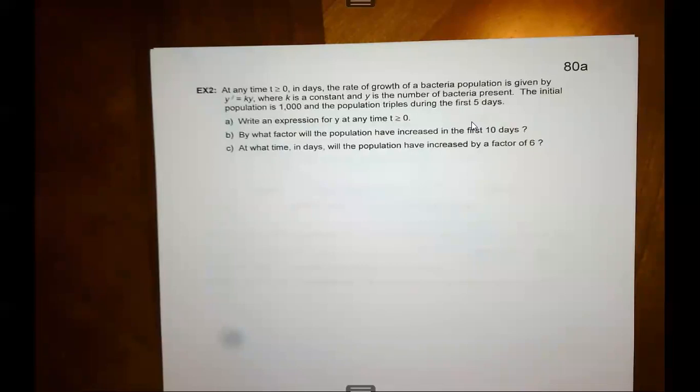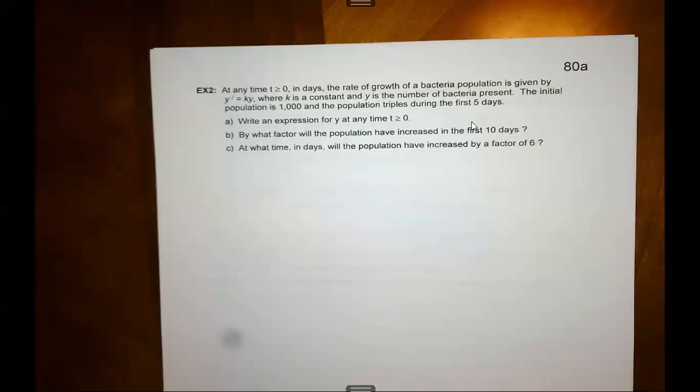The initial number of bacteria is going to be 1,000. And it says the population triples during the first 5 days. So that's going to come in handy after we get our equation written.